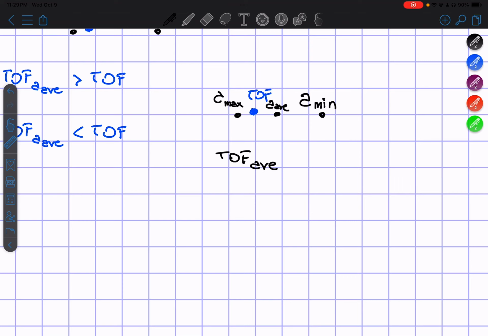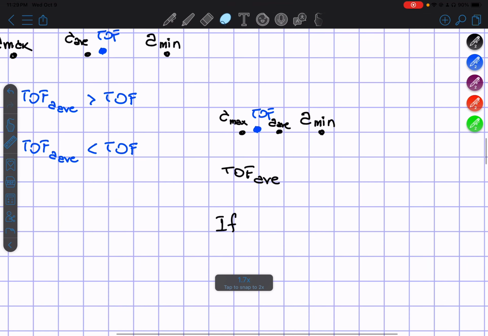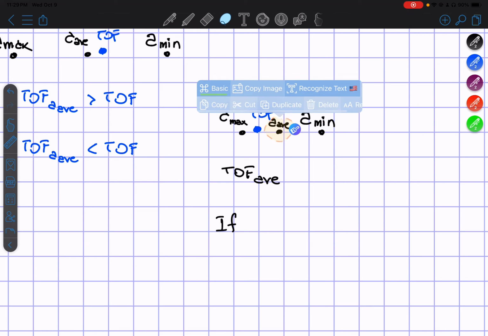Okay. In order to do this, we're going to have to put some if statements in our code that detect whether our time of flight is on the left side or on the right side of our time of flight for the average semi-major axis.